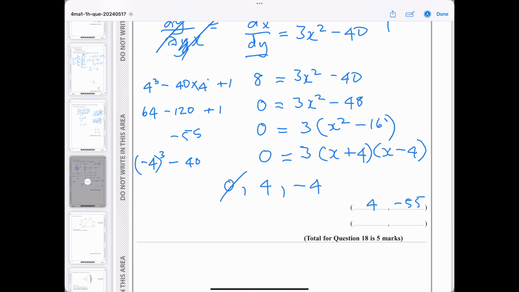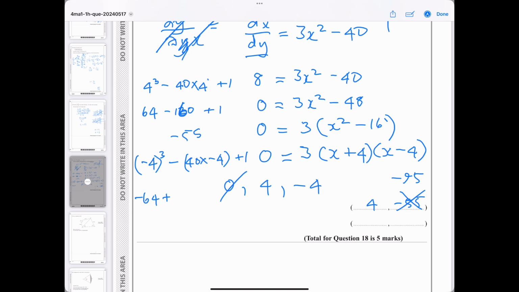And then for minus 4: minus 4 cubed minus 40 times minus 4 plus 1 is, so that would be minus 64, and that's plus 160.